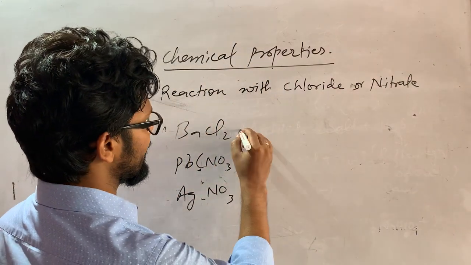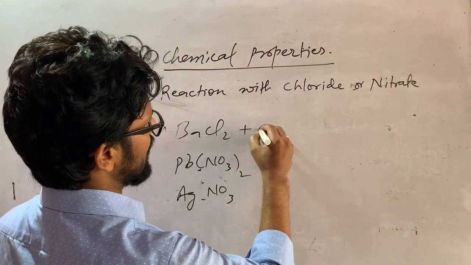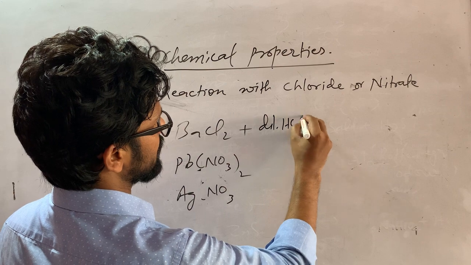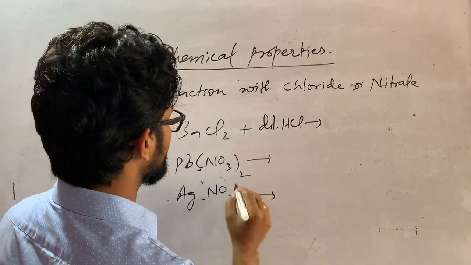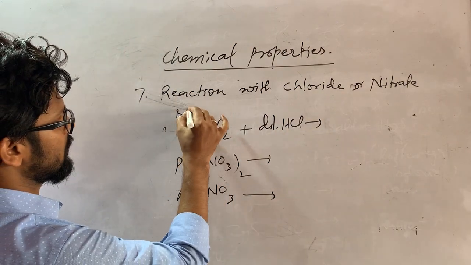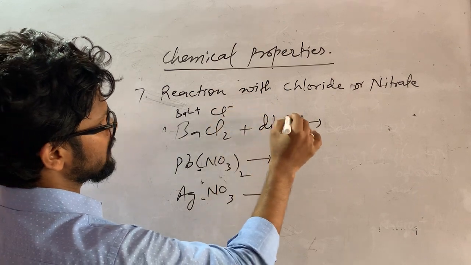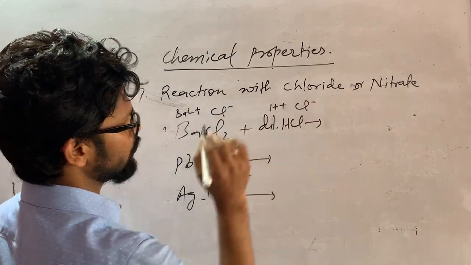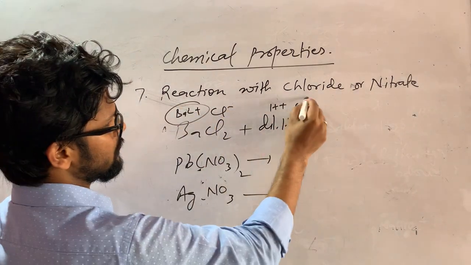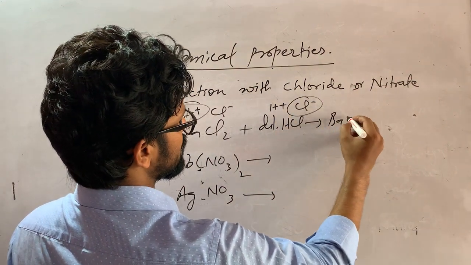Okay, so one example I am writing and rest you have to write. Dilute HCl, same method you apply. This will be divalent, this will be monovalent. Positive of the first will go with the negative of the second.